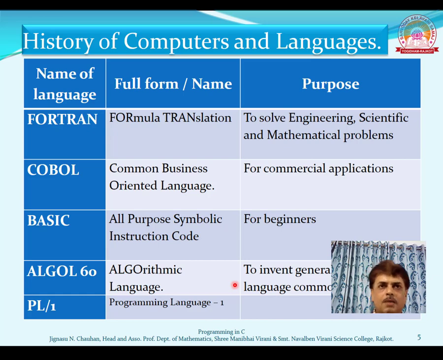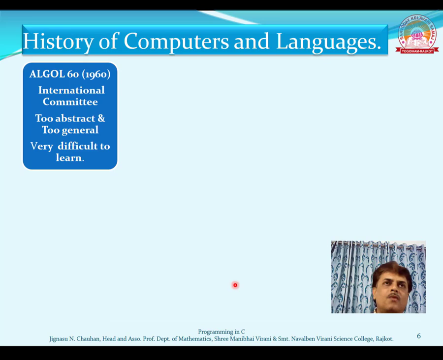With that thought in mind, an international committee was formed around 1960, and that committee invented a language called ALGOL 60. The full form of ALGOL is Algorithmic Language.